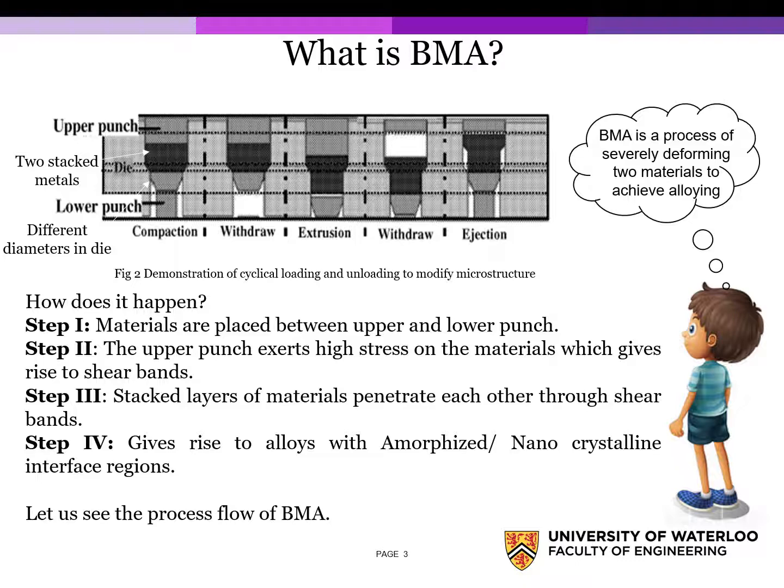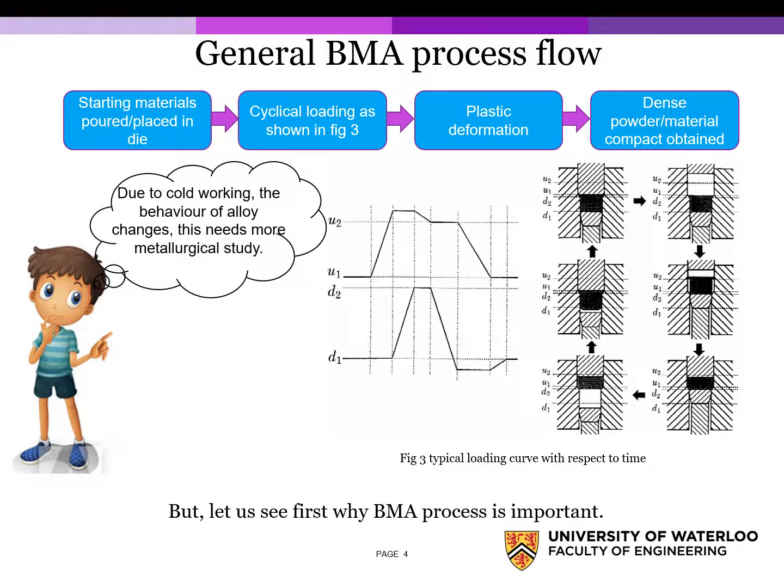So now let us take a look at the process flow of BMA. During the BMA process, as discussed in the previous slide, the starting constituents are poured or placed in the die. Next, the material undergoes compaction, extrusion, and ejection, with withdrawal phases in between each of the three above mentioned phases. Figure 3 shows a typical stress loading curve on the material placed in the die.